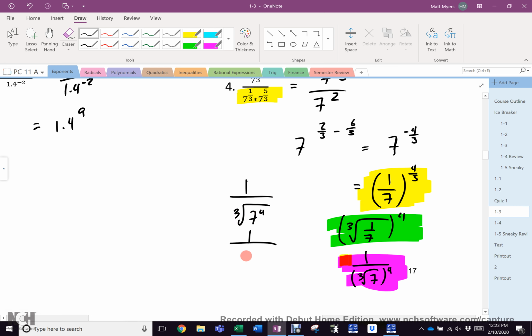You could write 1 over cube root 7. I'm not making you do it. I'm just showing you all your options. You could write the cubed root of 49 over 49.